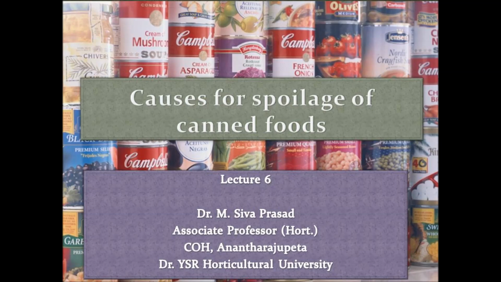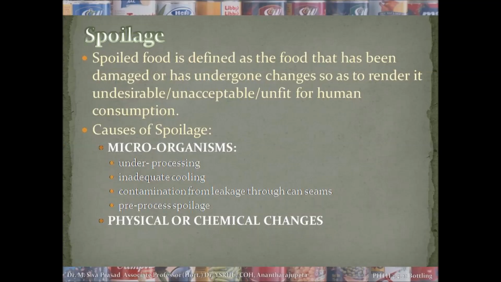So what is exactly spoilage in a canned food? Spoilage can be defined something like this: it is any food that becomes unfit, undesirable or unacceptable, not desired or unfit for human consumption because of various reasons.